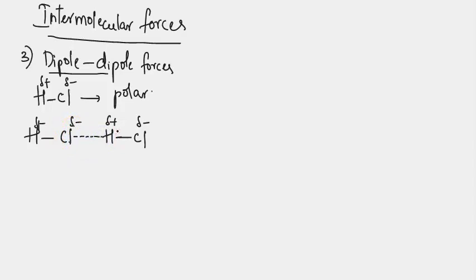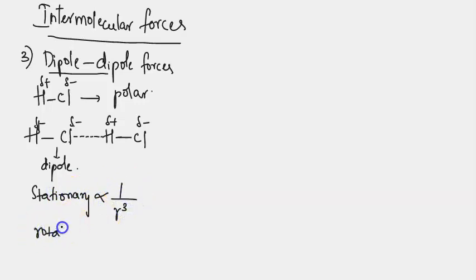Now the strength of the dipole-dipole forces depends upon the magnitude of the dipole of the polar molecules involved. If the molecules are stationary, not rotating, in such a case the magnitude is proportional to 1 by r cubed.